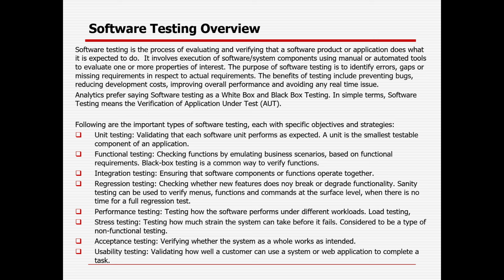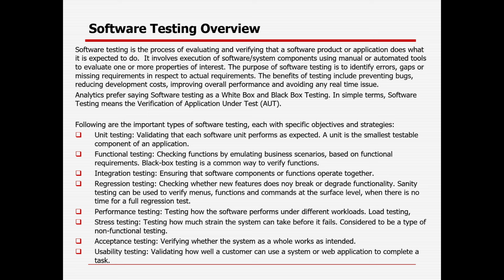Once functional testing is done, they will go to integration testing, where they ensure that software components or functions operate together as a whole. Then end-to-end testing will come, where across the whole application lifecycle the tester will try to certify that it is working as expected.